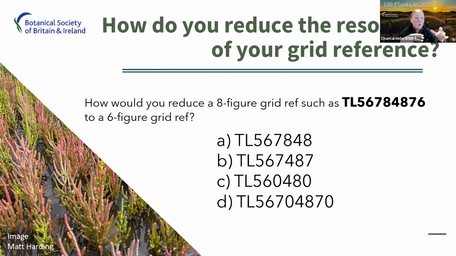And you would like to rather record the whole group of wood anemones in the wood, and to do that, you could use a lower resolution for your grid reference. So you could get an 8-digit grid reference from your phone or whatever, but if you weren't able to use the map, what would the equivalent 6-figure grid reference look like? So do you want to have a look at those options? And let me know which one you think would be the correct 6-figure grid reference based on that 8-figure grid reference.